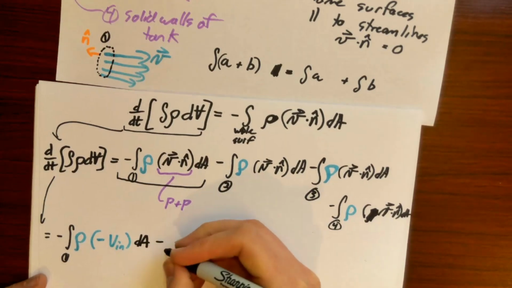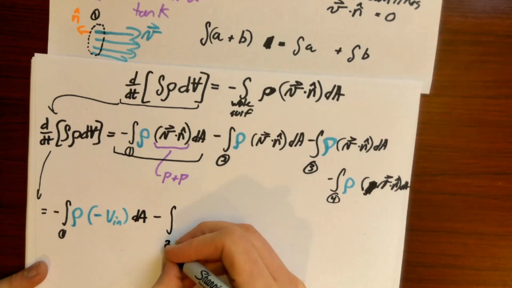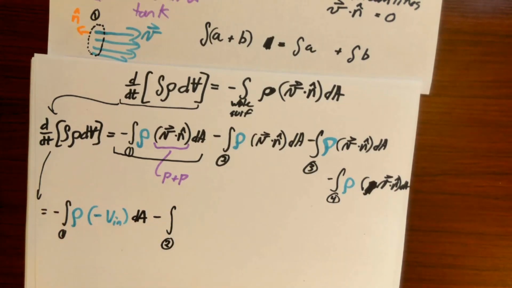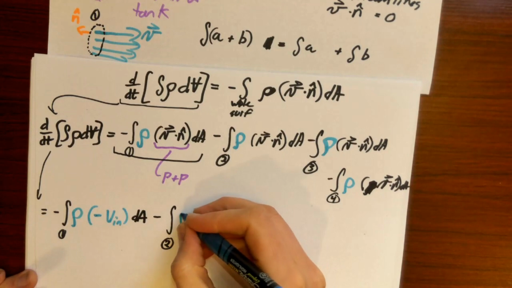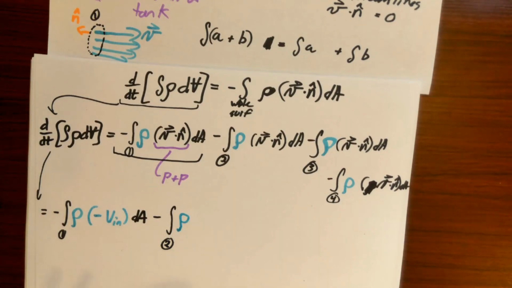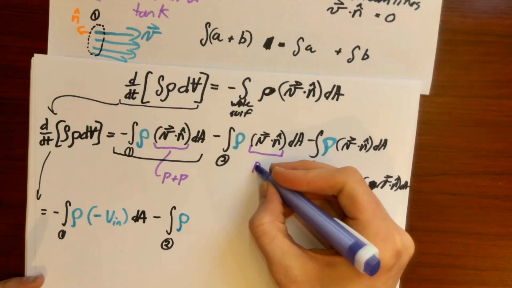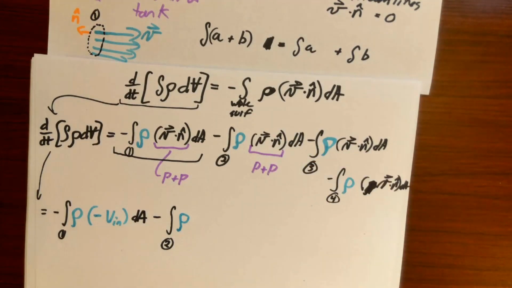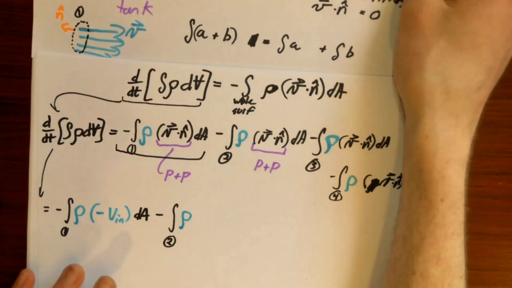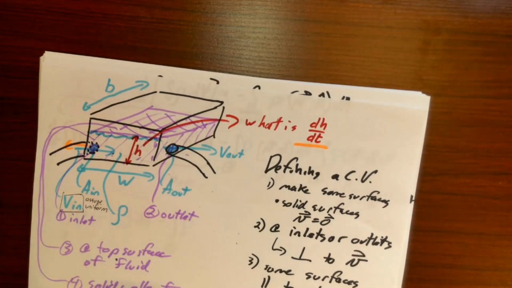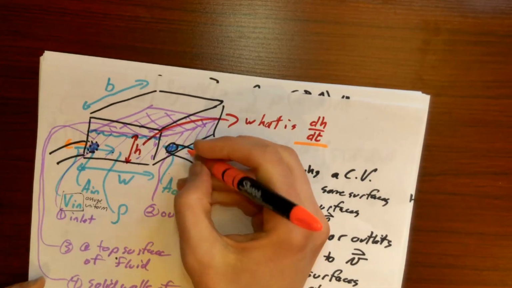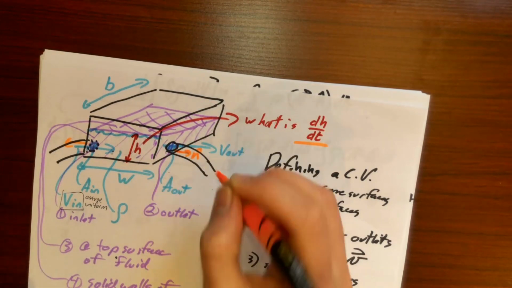All right, now we have surface 2. We still have rho. Perhaps you could pause and ponder. What is v dot n for surface 2? Well, perhaps you've paused and pondered enough. In this case, v out is pointing out this way, and n for surface 2 is also pointing out.